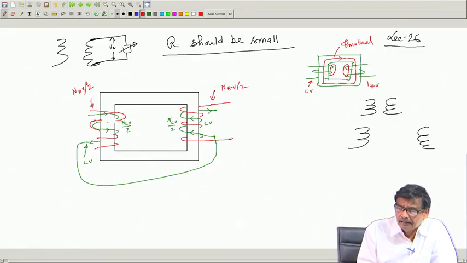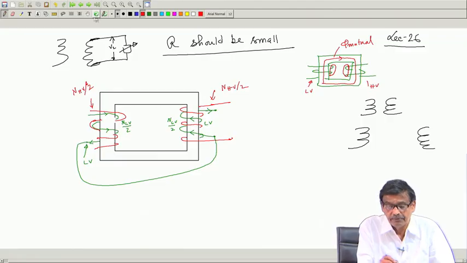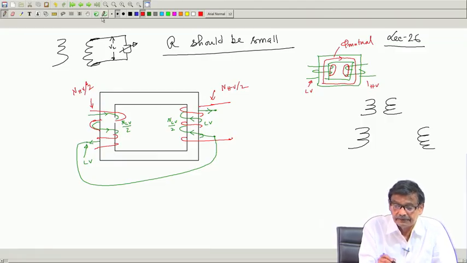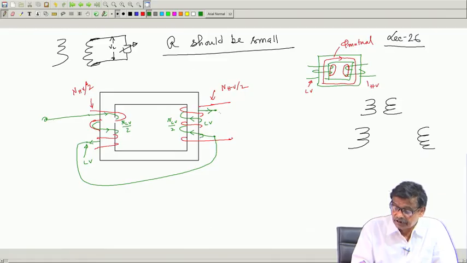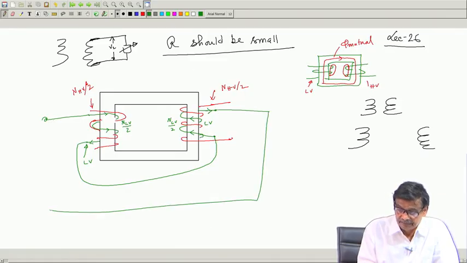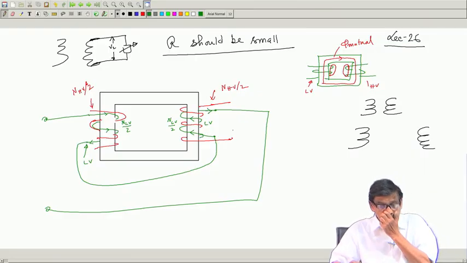Okay. Then ultimately after connecting in series, for example, LV winding you will get 2 terminals here. These are the 2 terminals of the LV winding. Similarly, HV winding also can be connected in series, ultimately 2 terminals.